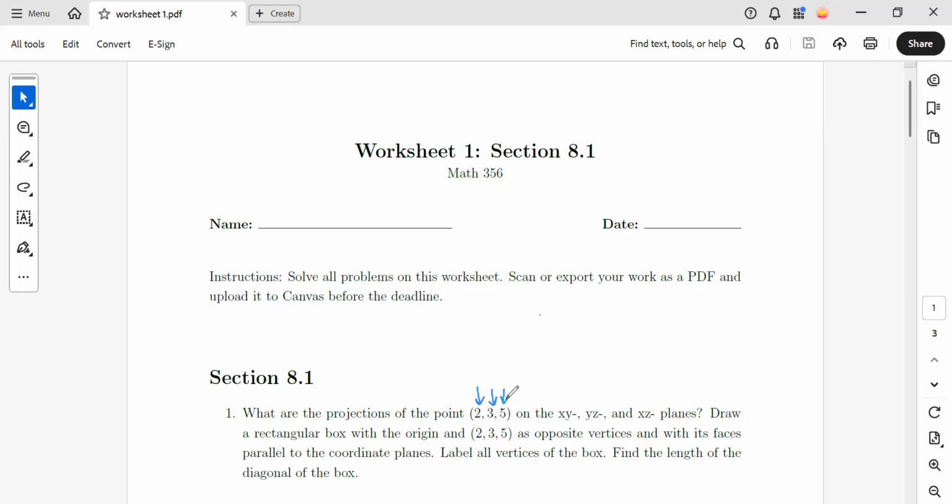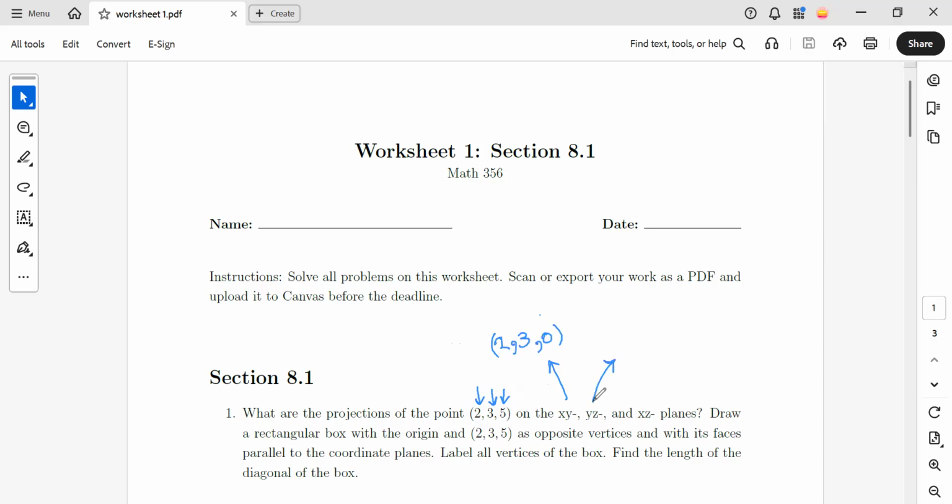First of all, the projection of this point to the xy plane is the same as keeping x and y values and putting 0 for the z value. So for the projection on the xy plane, that would be 2, 3, and 0.